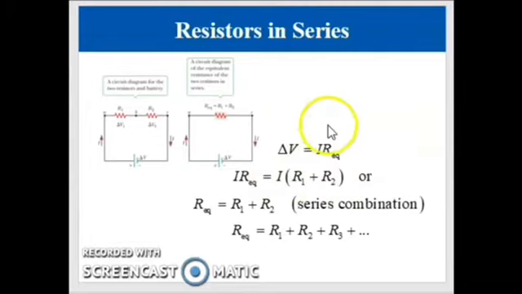This equation tells us that the equivalent resistance of a series combination of resistors is the algebraic sum of the individual resistances and is always greater than any individual resistance. Note that if one of the resistors fails to operate, then the circuit would no longer be complete and the second resistor will also go out.